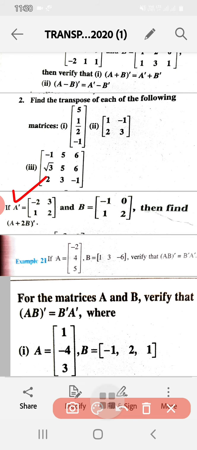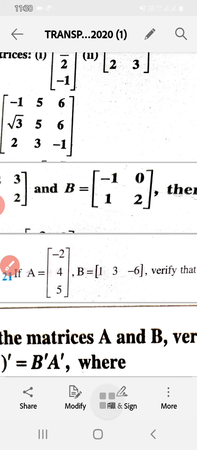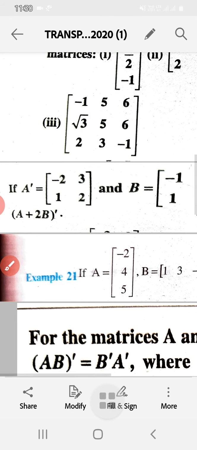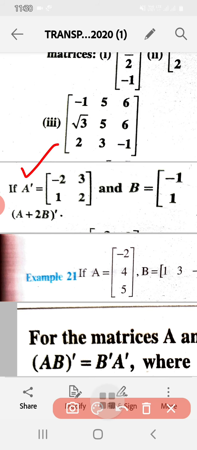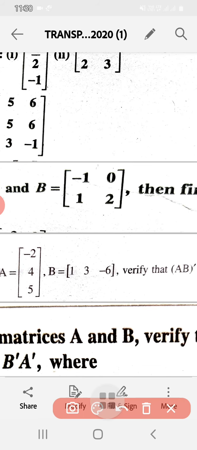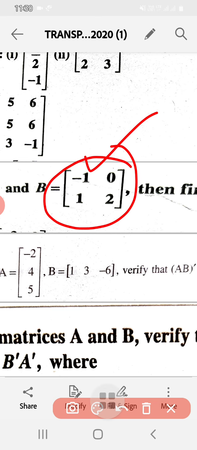Observe this example carefully. I will zoom it here. If A dash is equal to minus 2 3 1 2, see, A dash is given, it is not A. A dash, that means the transpose, is given, and this is the second matrix B, minus 1 0 1 2.